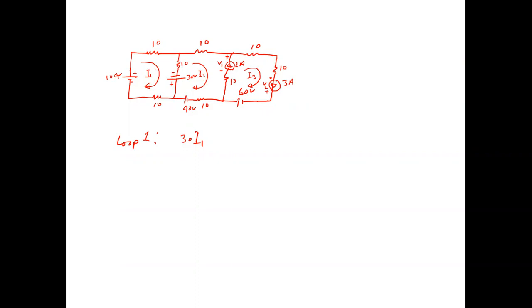If any resistance is used by another loop, then this resistance is minus. Then our next step, minus 10 I2. Clear? All are clear?